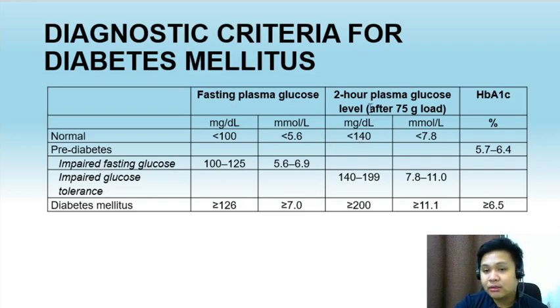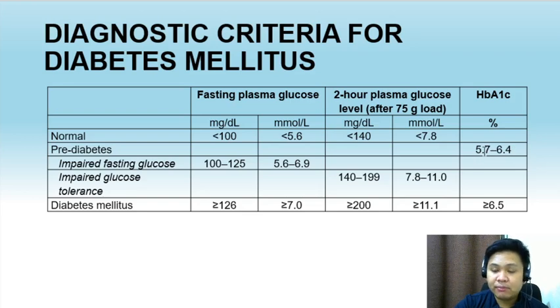You can also use your 2-hour plasma glucose level to diagnose diabetes mellitus. Using this test, the normal is less than 140, the cutoff level is greater than or equal to 200, and your impaired glucose tolerance is from 140 to 199. The HbA1c can actually be used also in the diagnosis of diabetes mellitus.